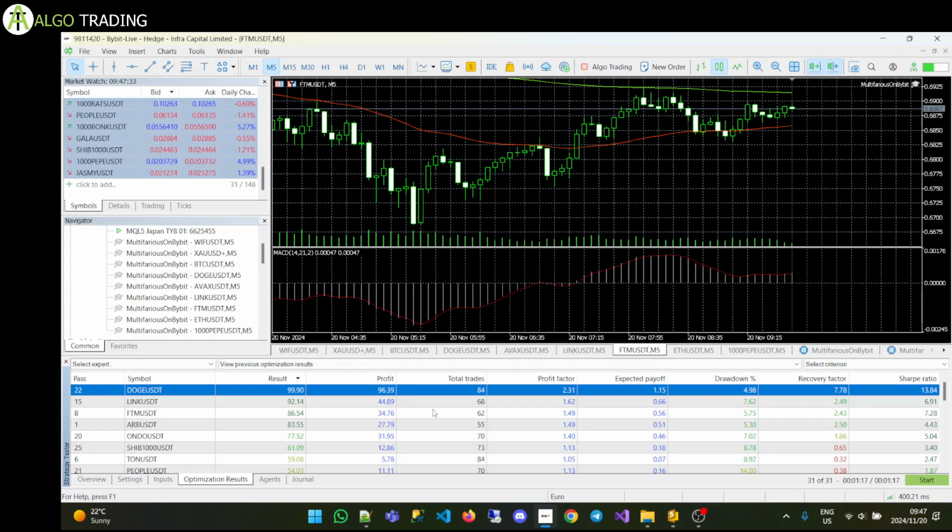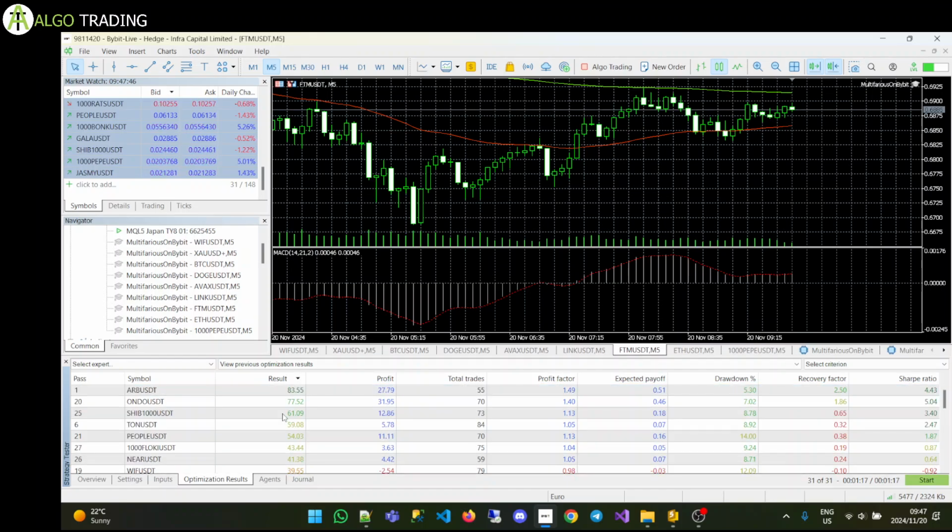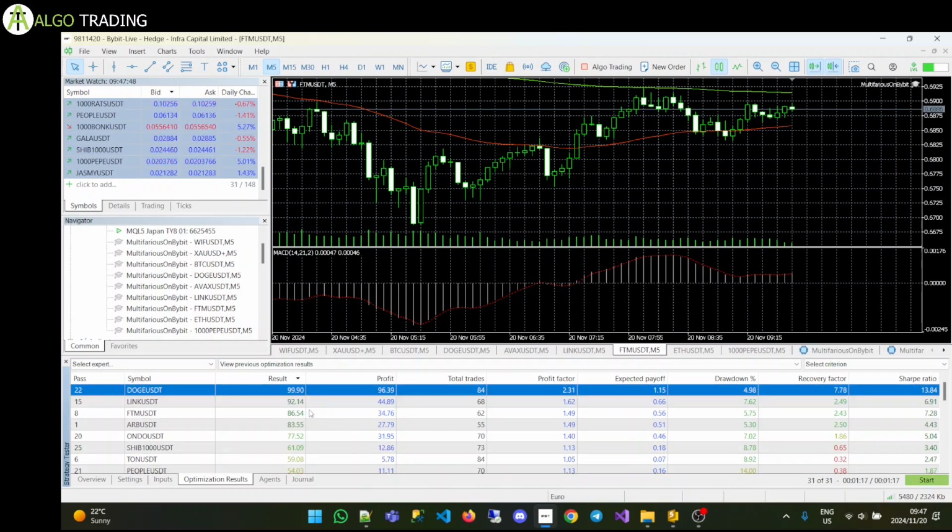But what I'm trying to show you here is that using the exact same strategy, that moving average MACD strategy, I ran it with the same settings of Doge against all of these instruments, and you can see that it is profitable and has good results across multiple instruments. So that is essentially what you're looking for when you're choosing a strategy.